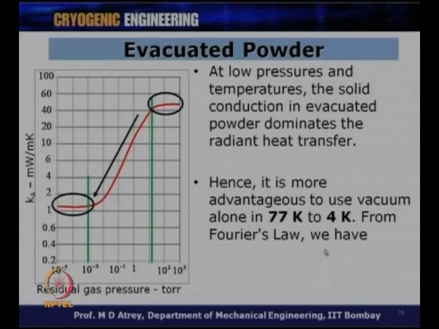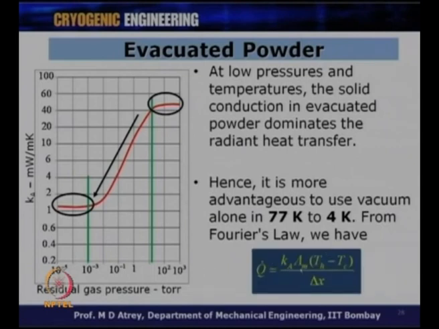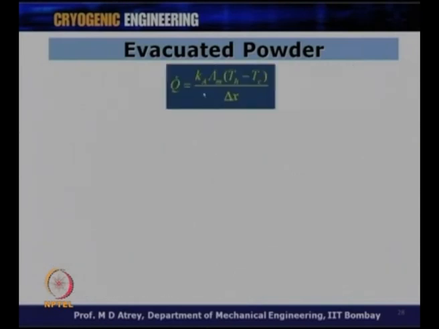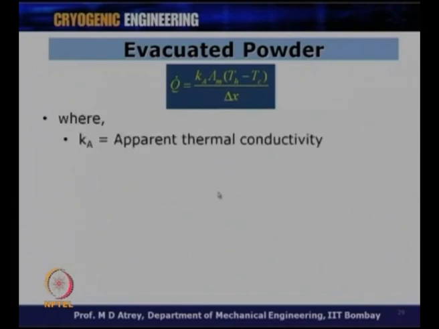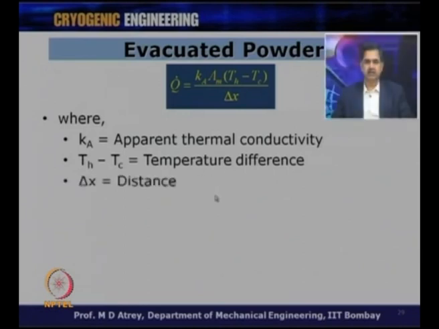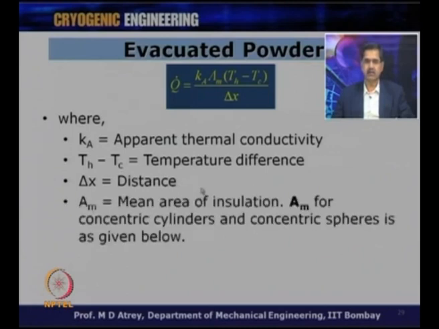Now, from Fourier's law, we have Q equals K into A into dT by dx. Instead of K, we have an apparent thermal conductivity, and the value of A_M is decided by whether we have cylindrical or spherical surfaces. So, Q equals K_a into A_M into dT by dx, where K_a is the apparent thermal conductivity, T_h and T_c are the temperatures of the two surfaces, delta x is the distance between them, while A_M is the mean area of insulation.